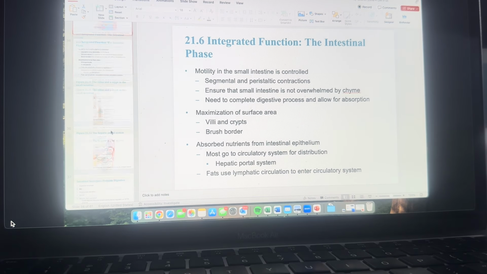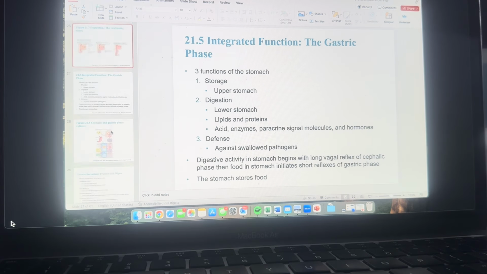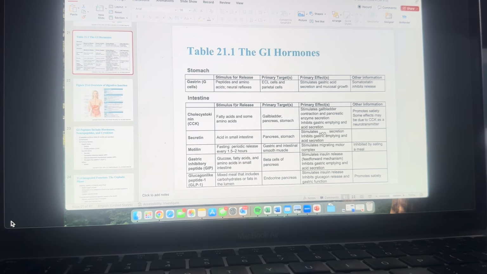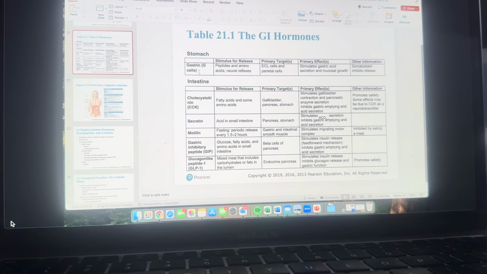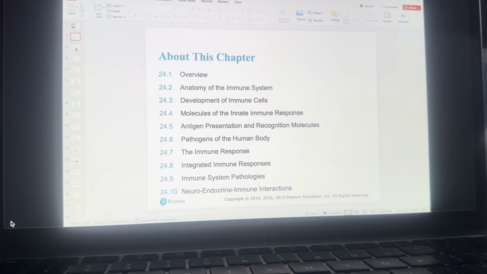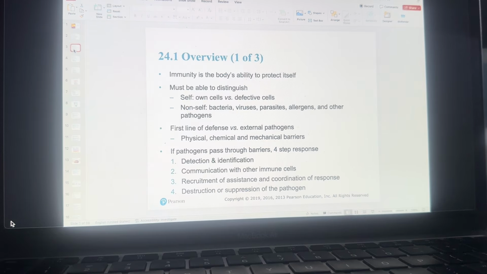Right, we're absorbing most of the water in the large intestine. And then make sure you go through these important hormones of the GI tract. So basically just the main functions of the digestive, respiratory, and then just hormones? Yeah.